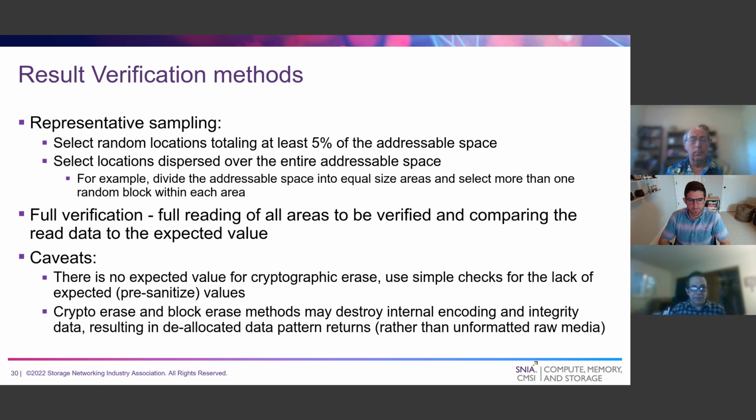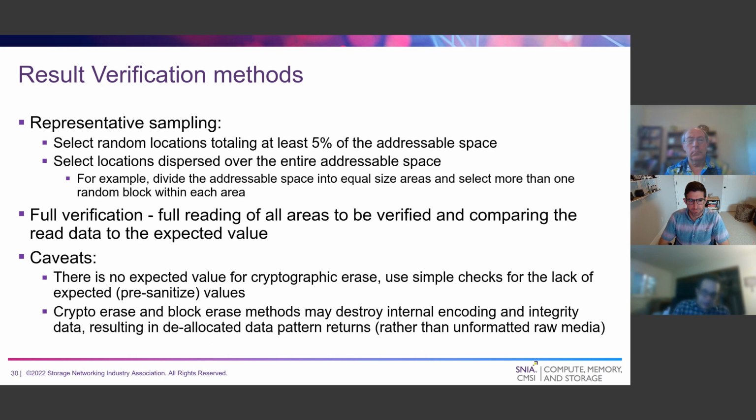Okay, representative sampling. So IEEE 2883 has the advice, you choose and you look at least 5% of the addressable space. They would like you to take equal-sized portions of the device, take at least 2 blocks in each one of those portions, and do the random sampling of logical blocks to make sure the original data is not there.